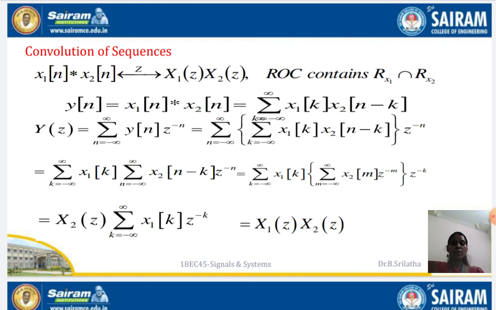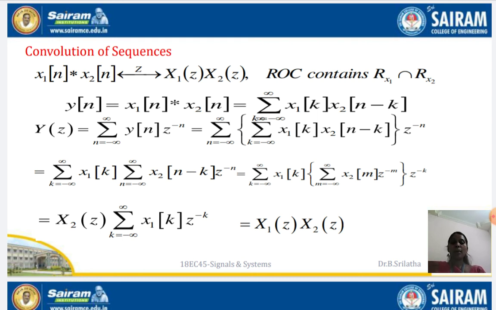We assume n minus k is equal to some variable m. If n minus k is equal to m, then n is equal to m plus k. If we substitute that and simplify, we get x2 of m into z power minus m, and we also change the limits. Correct. And in addition to that, z power minus k.